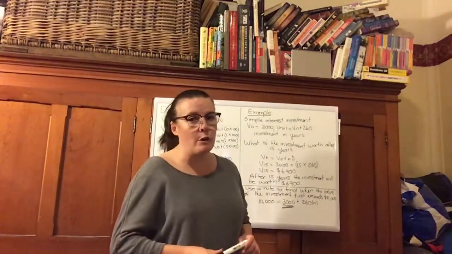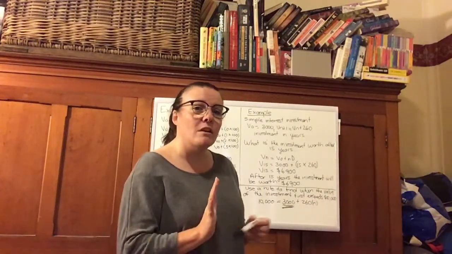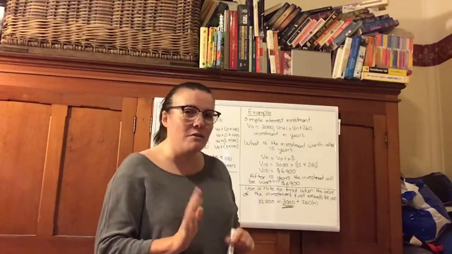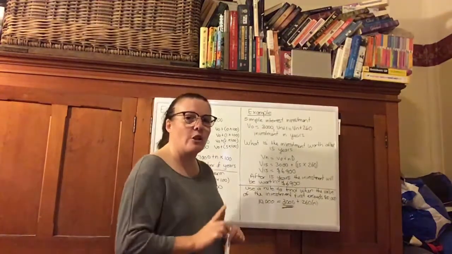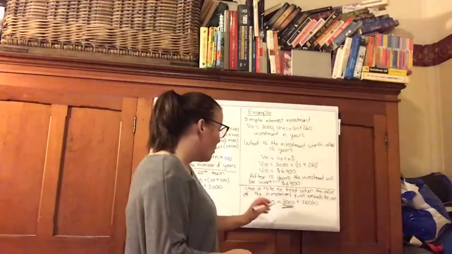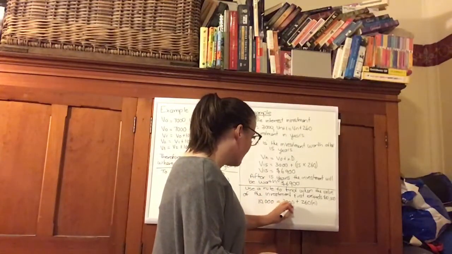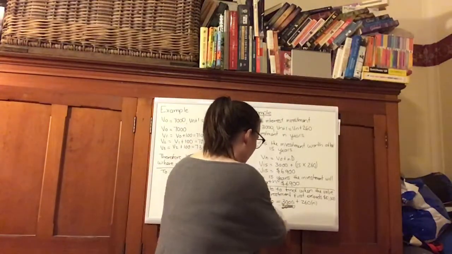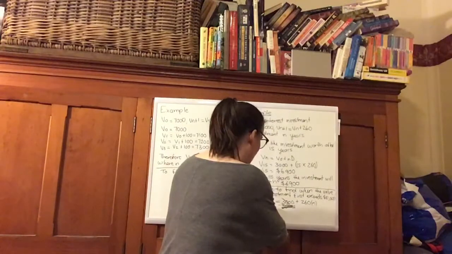And for everyone at home, I know you're thinking, hey miss, we have a calculator function, 3-1 solve, that will get you there. But I want to show you how to do it so that you know how to show the working out. We first take away the 3,000 from both sides. So that cancels out.